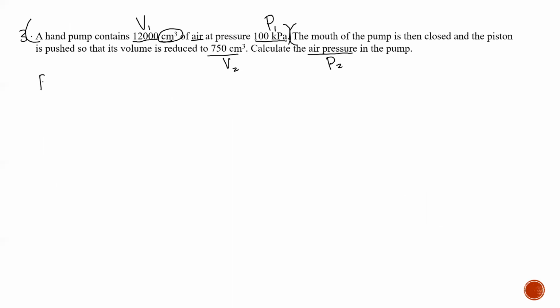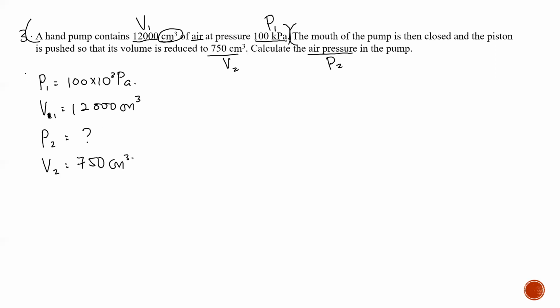So let's see. P1 equals 100 kilo, times 10 to the power of 3 Pascal. V1 equals 12,000 centimetre cube. P2, let it be unknown. V2, 750 centimetre cube. So that is the info. Second, the formula. What's the formula?